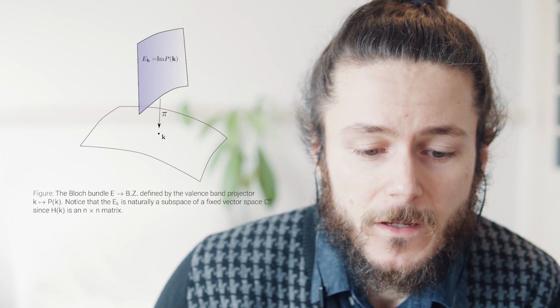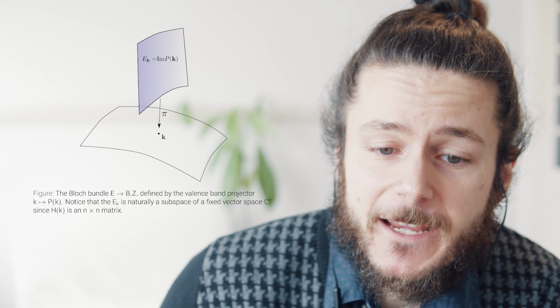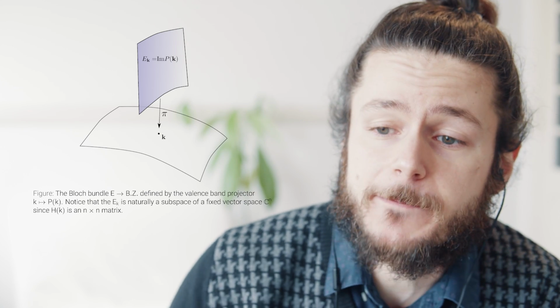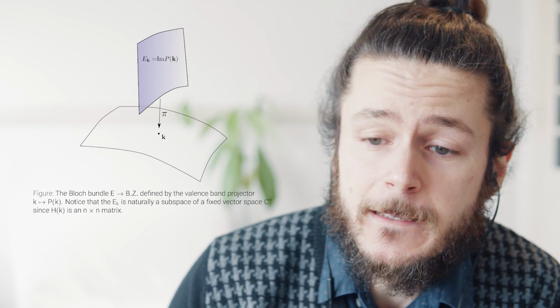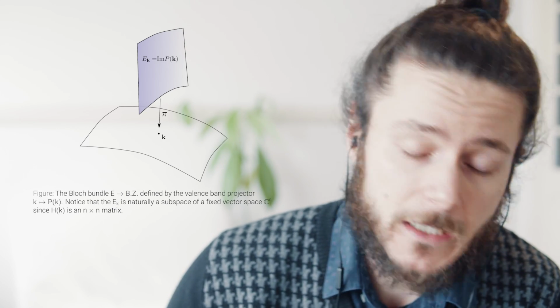Okay? And now observe that this vector space E_k is naturally a subspace of a fixed vector space C^n, because the matrix H of k is an n by n matrix. Okay?